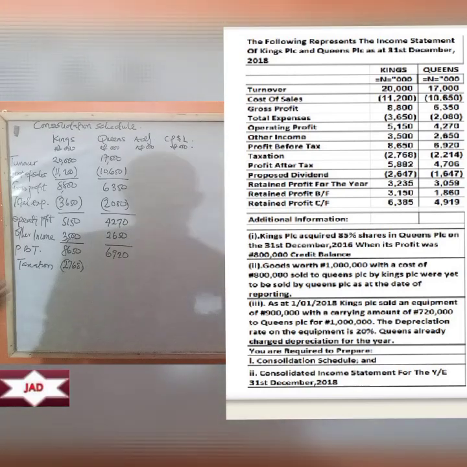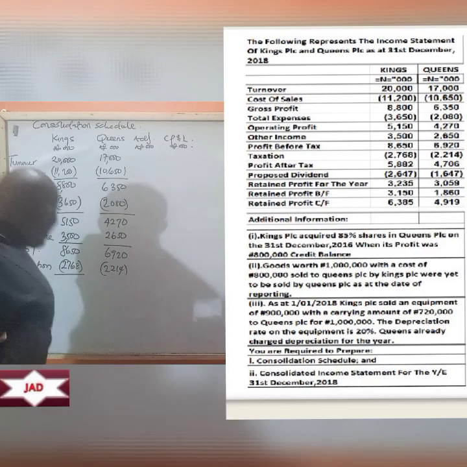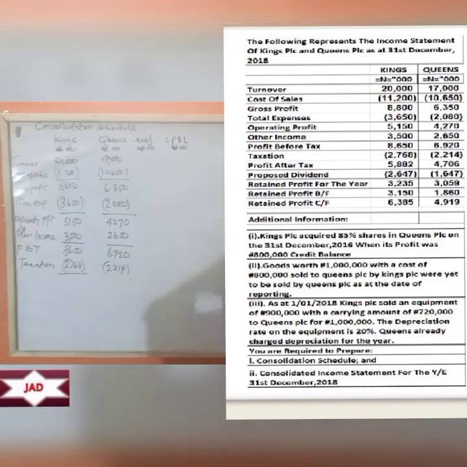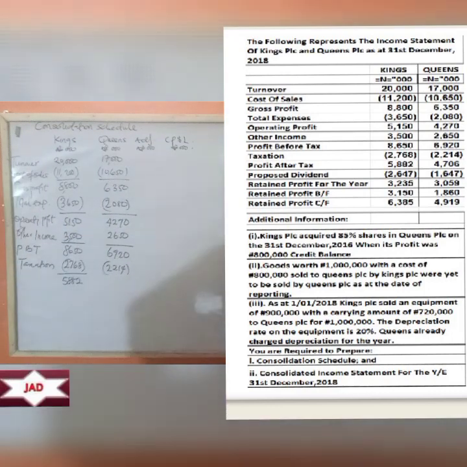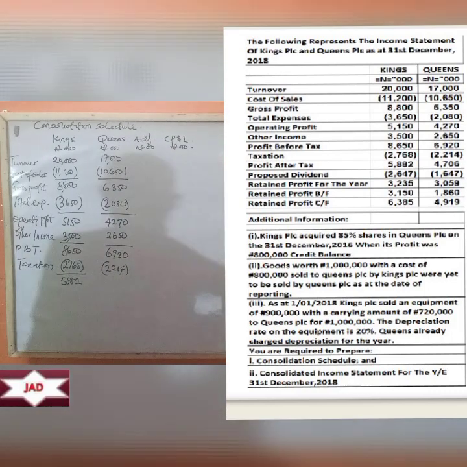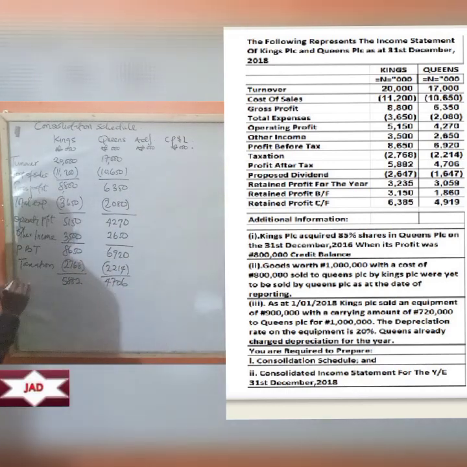And 2,214. What do we have? 5,882. And 4,706. This is your profit after tax.